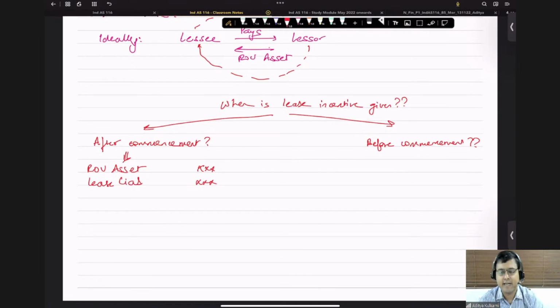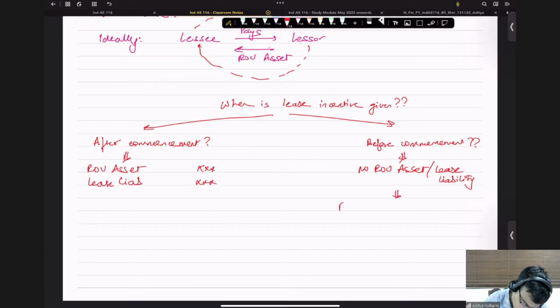If we have to take it as before commencement, then ROU asset and lease liability are recognized on the commencement date. So in this case, there won't be any ROU asset or lease liability. If it is received before commencement, the entry that will be passed is bank account debit to lessor.